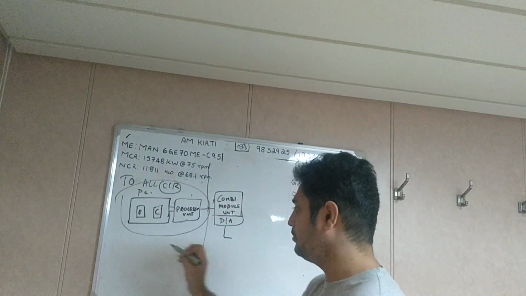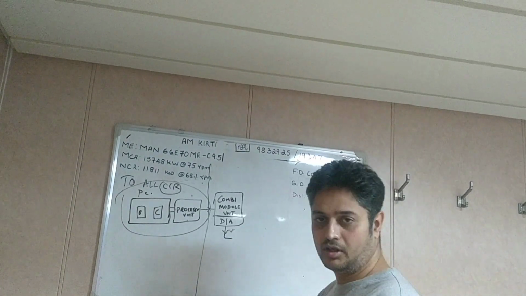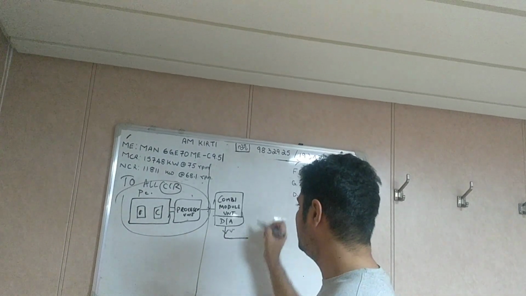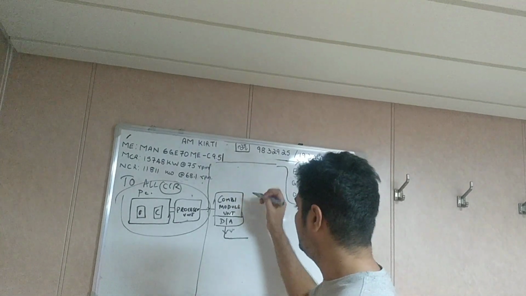This you can assume as the ship's office. Here the analog signal, mostly a voltage signal, goes to the solenoid cabinet.